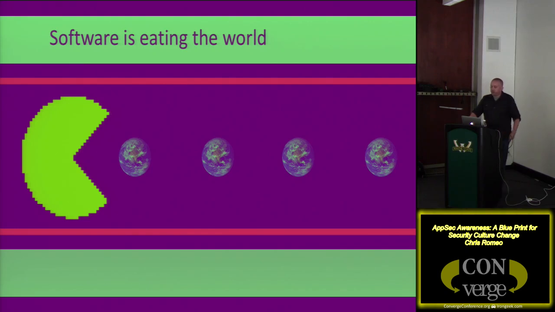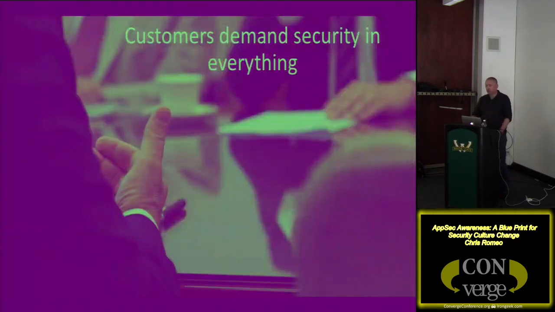I think about things like power plants and medical devices, where software has been kind of protected in its history. As those interfaces are starting to become more and more open to the world, there are a lot of bigger challenges there. So customers demand security in everything, right? We probably all could just nod our heads and say, yeah, have you ever sat across the table from a customer and they said, yeah, that security thing, it's just not that important to us.